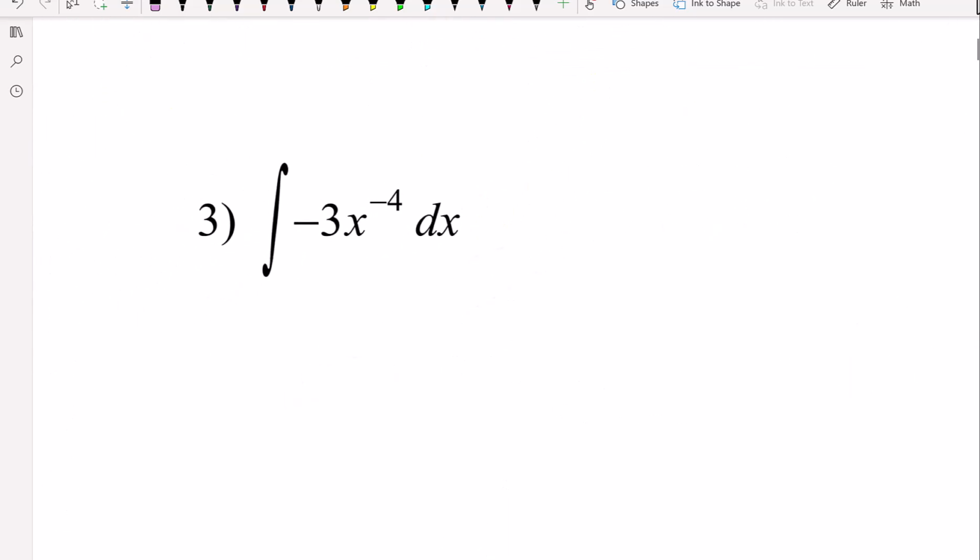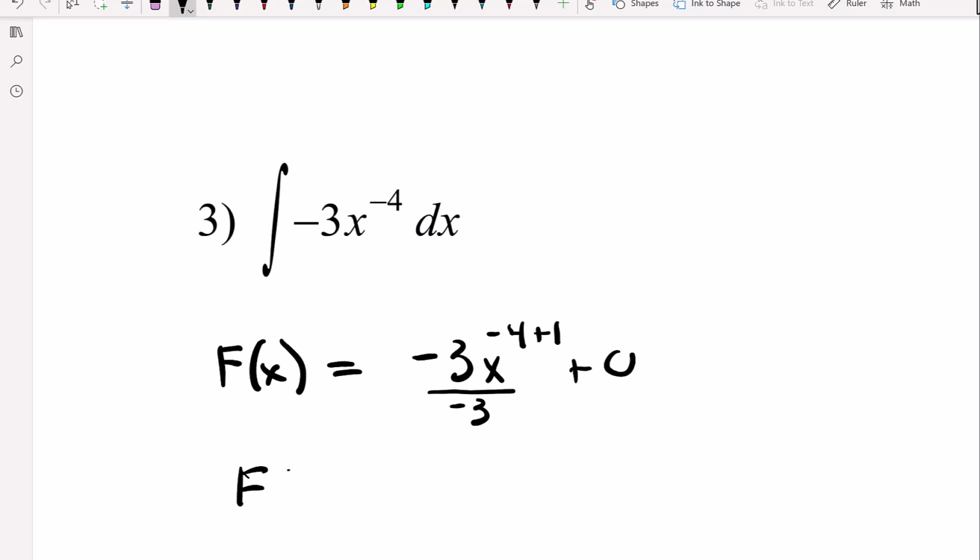Let's go ahead and do this. Now you have to be really careful with some of these, and I'll come up with an example. If you've ever got a -1 here, there's a different process that we're going to do other than this. So we're going to add 1. -4 plus 1 is -3.